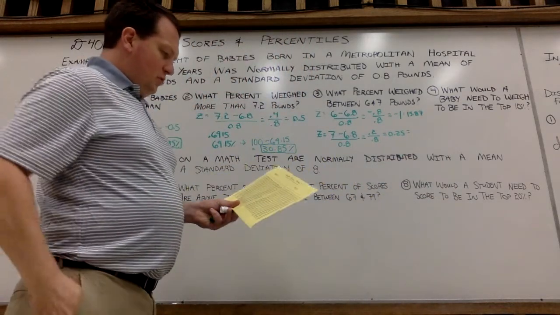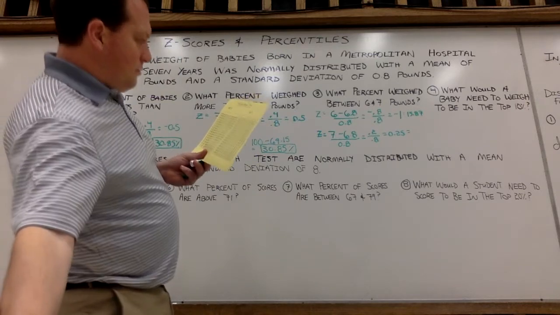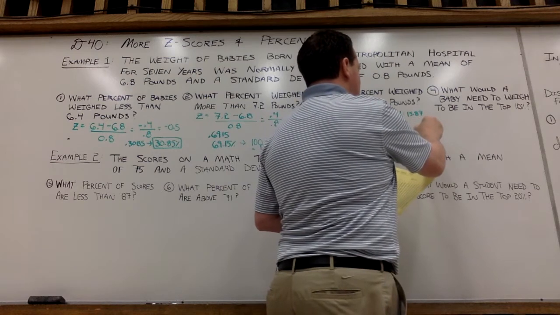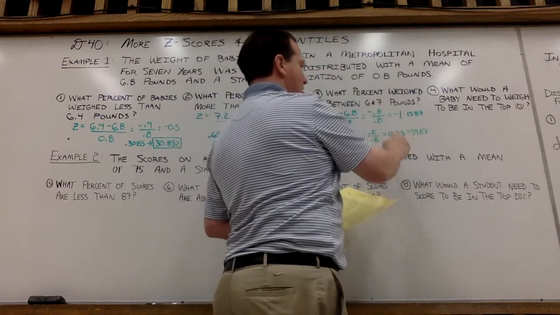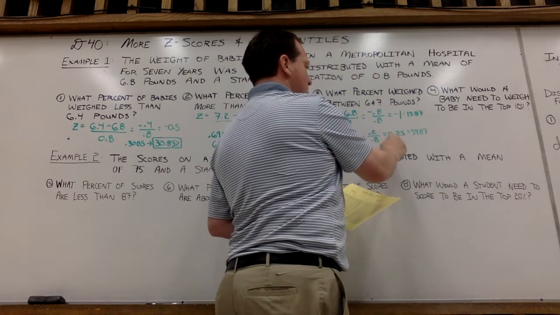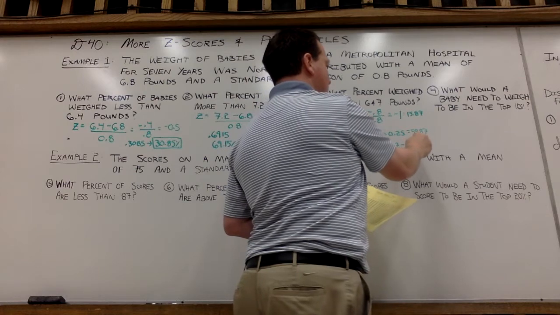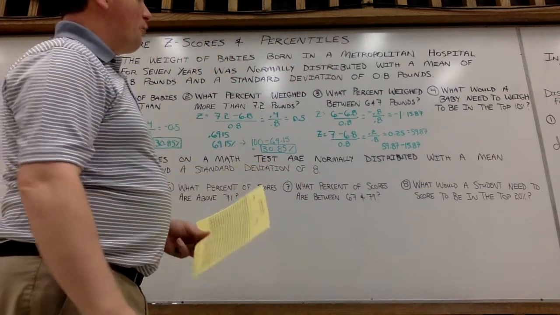So 0.25, I'm going to go to the positive, 0.2, and then 5 would be 59.87. And then to find the percent between these two, I'm just going to take the largest, 59.87, minus the smallest, 15.87. And that should come out to 44%.